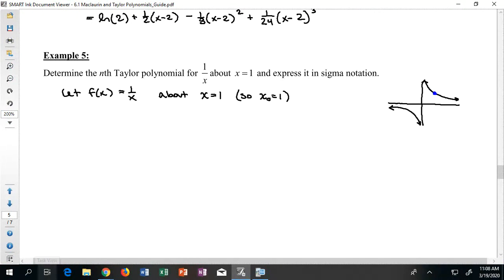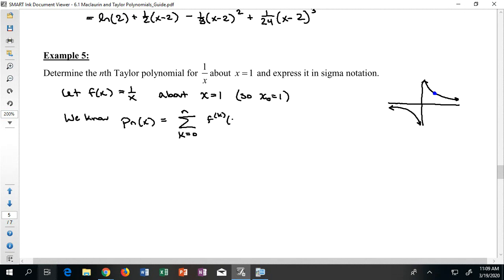If I wanted to start to do this, I could think again about the general form of what one of these polynomials is going to look like. So I'll start by saying we know that p sub n of x is going to start at degree 0, go up to degree n, and I already know the formula.